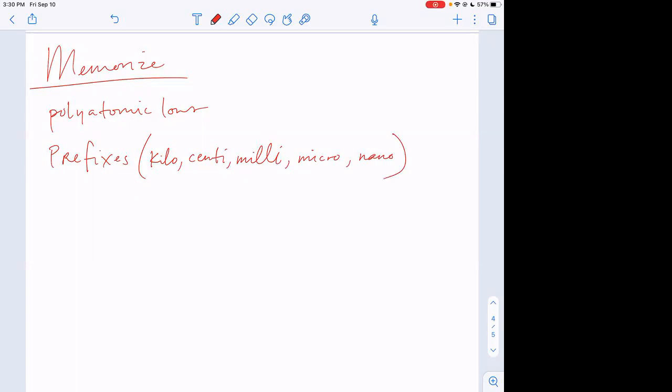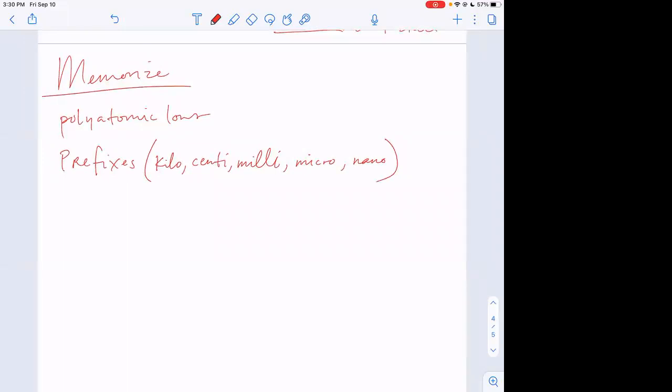You do not have to memorize the periodic table. You need to have the trends of the periodic table memorized, right? Ionization energy, atomic radius, electron affinity, those are the 3 trends we talked about.